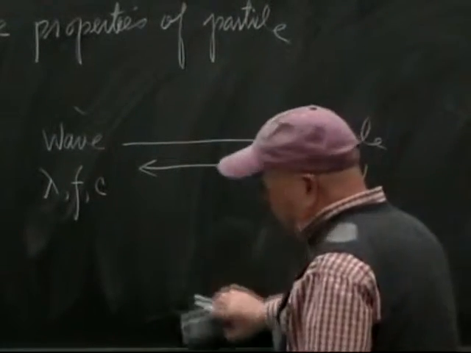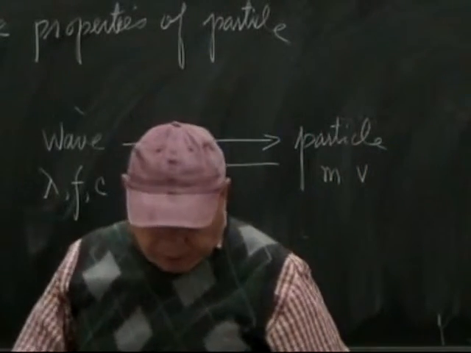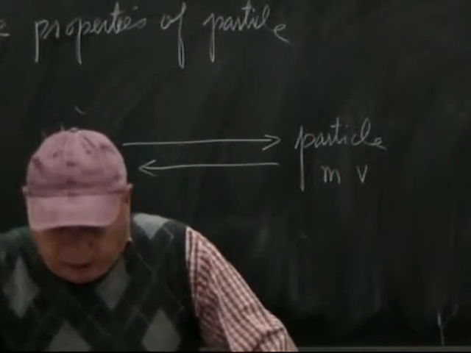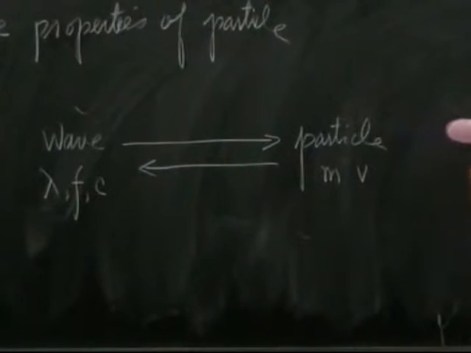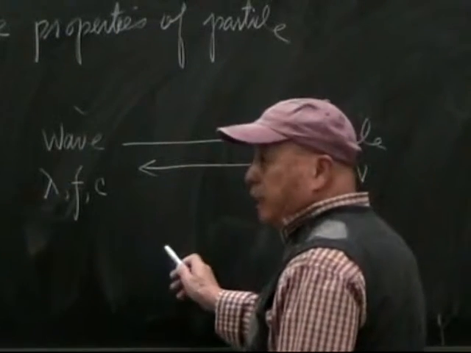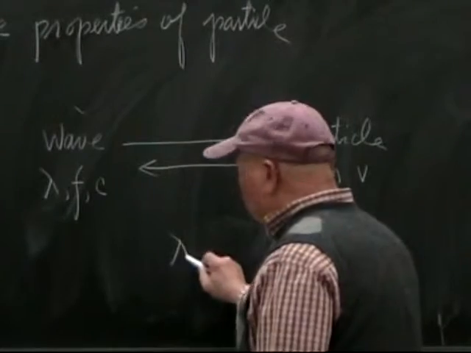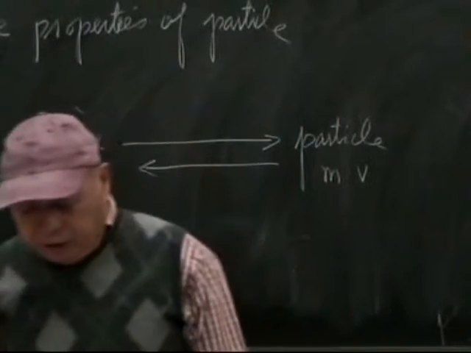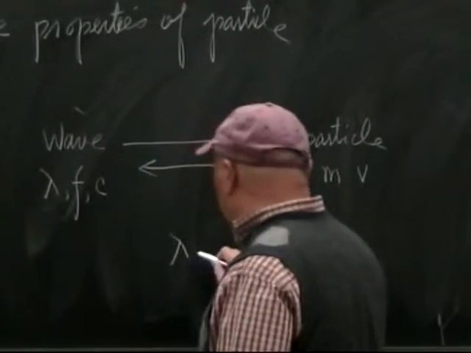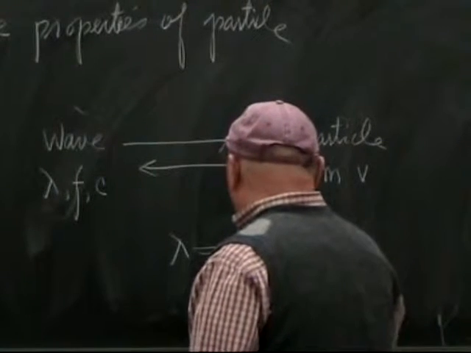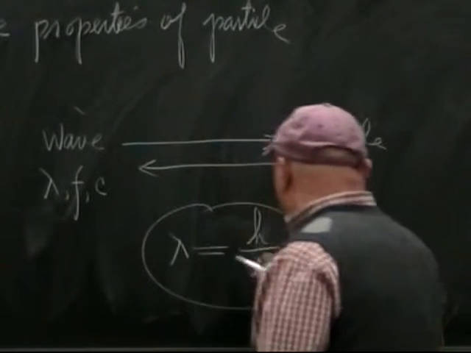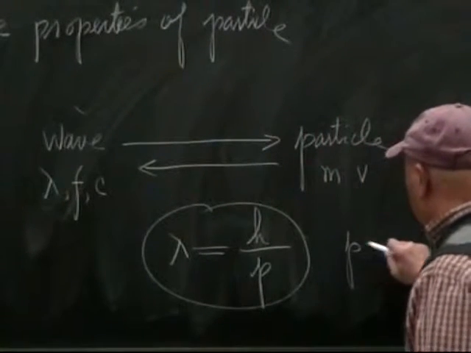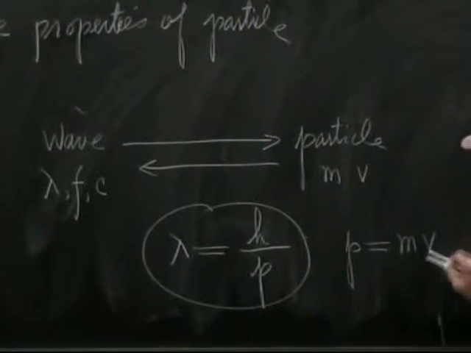Okay, so people like De Broglie and all those people, they said if this is a particle, it can behave as a wave. In which case they say the wavelength of this particle depends on momentum, h divided by p, in which case p is equal to mass times velocity.